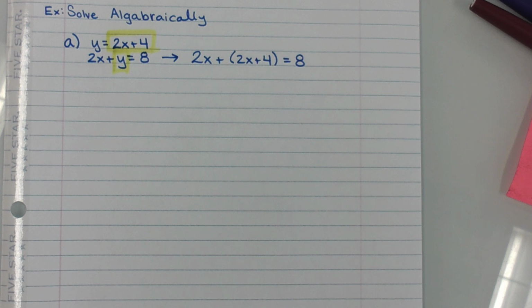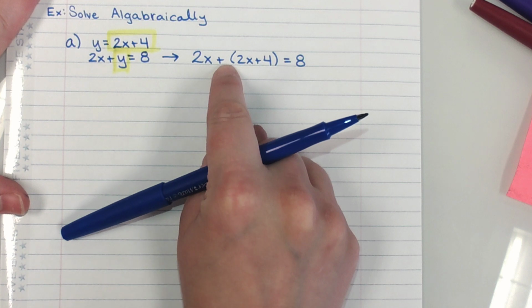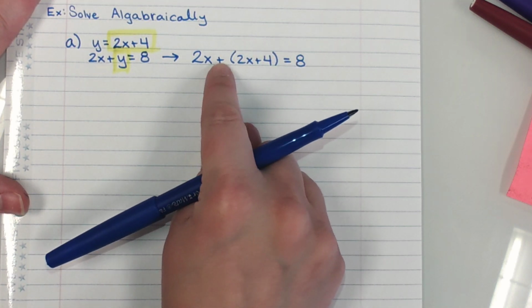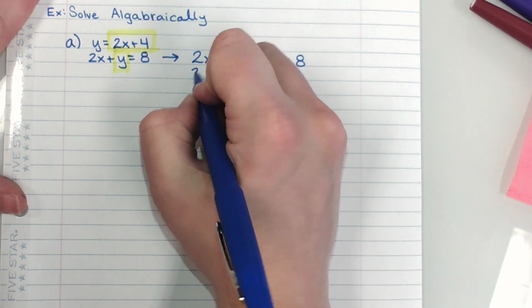Now I'm going to have a single variable in that equation. I've just got x's. It's in multiple places, but it's still only x. And now it's just a matter of solving this. In this case, did those parentheses actually do anything for us? No. If there was a number in front, I'd have to distribute. If this was a minus, I would have to distribute. In this case, it didn't do anything.